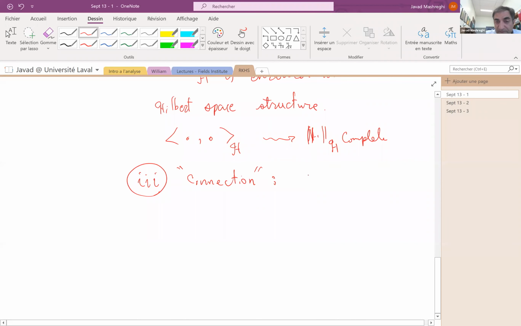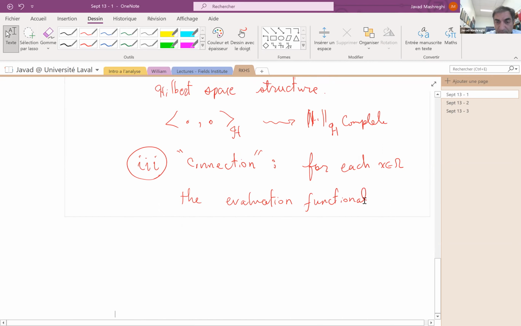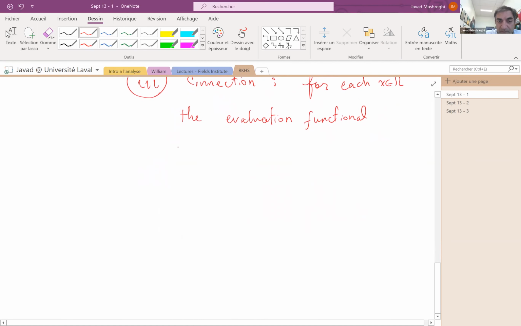For each x in the space, the evaluation functional, we denote it by E_x, is defined from our vector space to the scalar field by this formula.